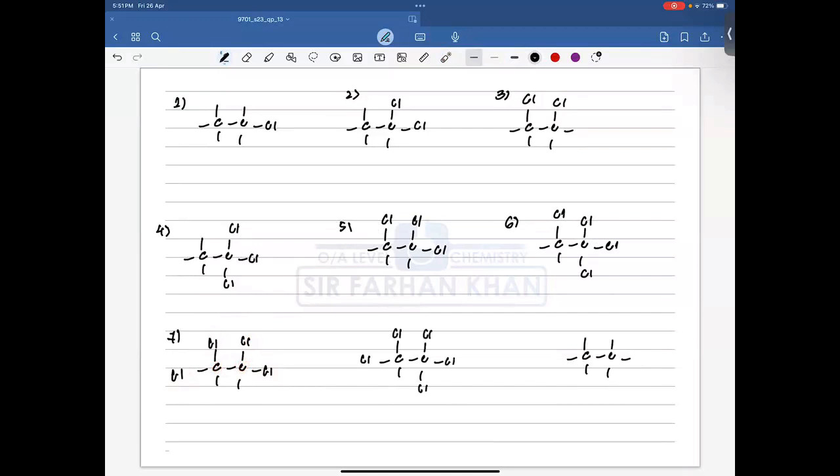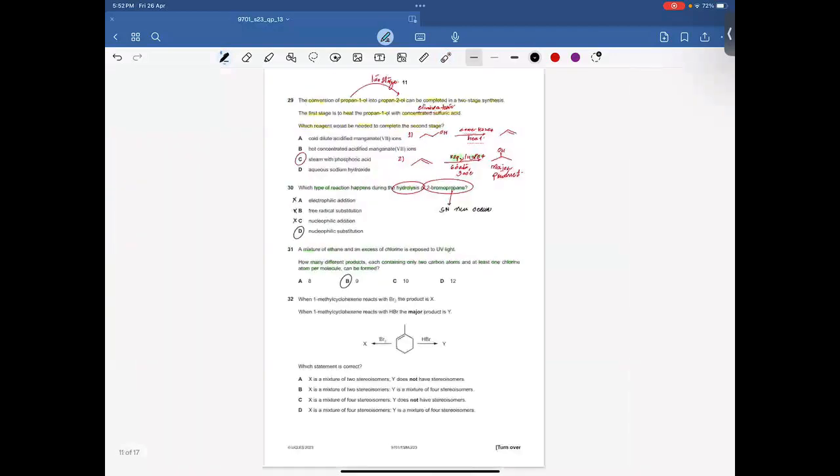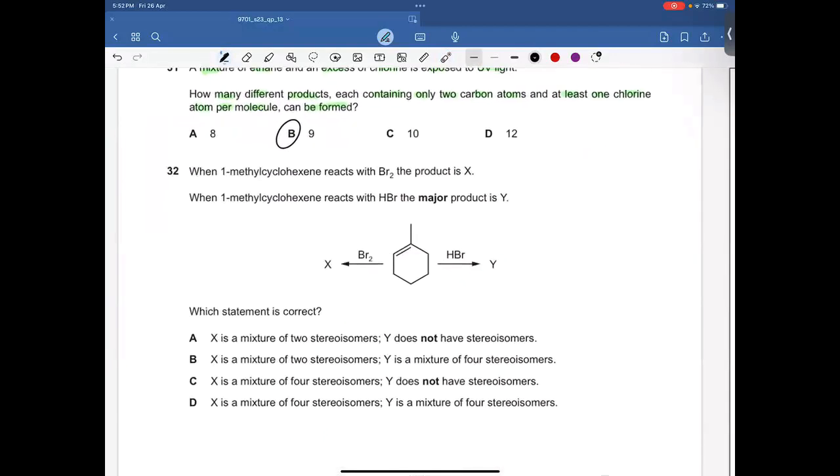Obviously 3 chlorine atoms are attached to this carbon, whereas 2 chlorine atoms are attached to that carbon atom. That's the only possibility; no other possibility exists. What if we have 6 chlorine atoms in the molecule? Obviously all 6 chlorine atoms are attached to these 2 carbon atoms. So how many isomers have we got so far? 9 isomers. So 9 is the right answer for question 31.